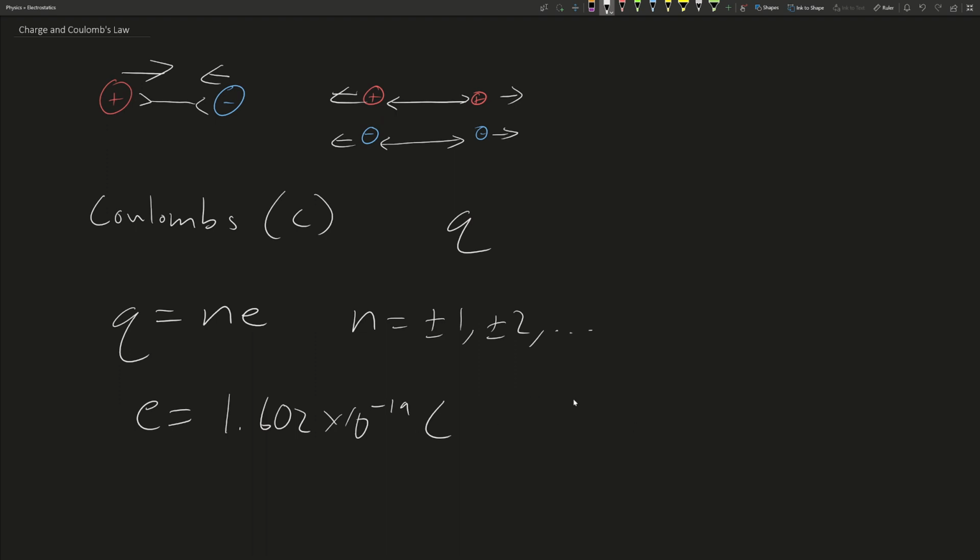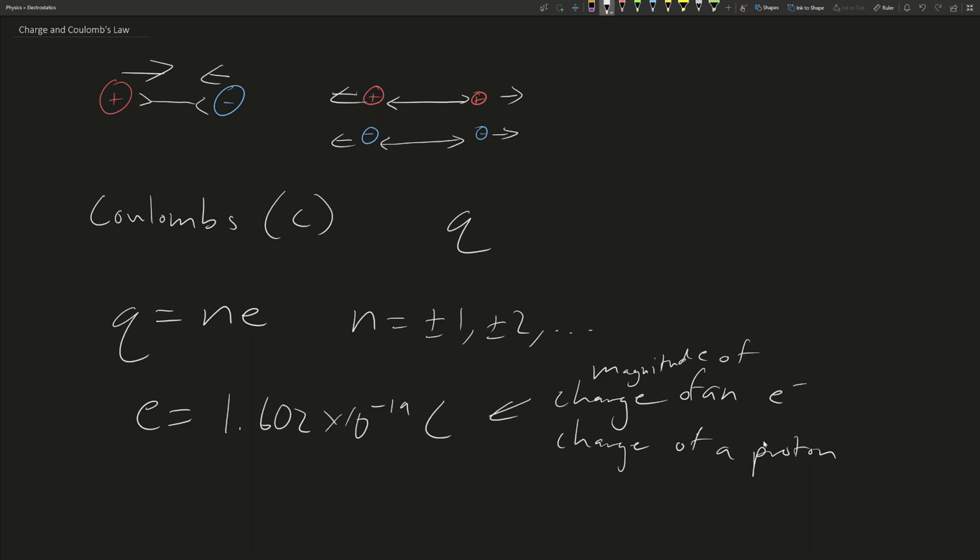And so this can be viewed as the charge of an electron, or the charge of a single proton. In the case of an electron, it's negative. So this is really the magnitude of the charge of a single electron or a single proton.